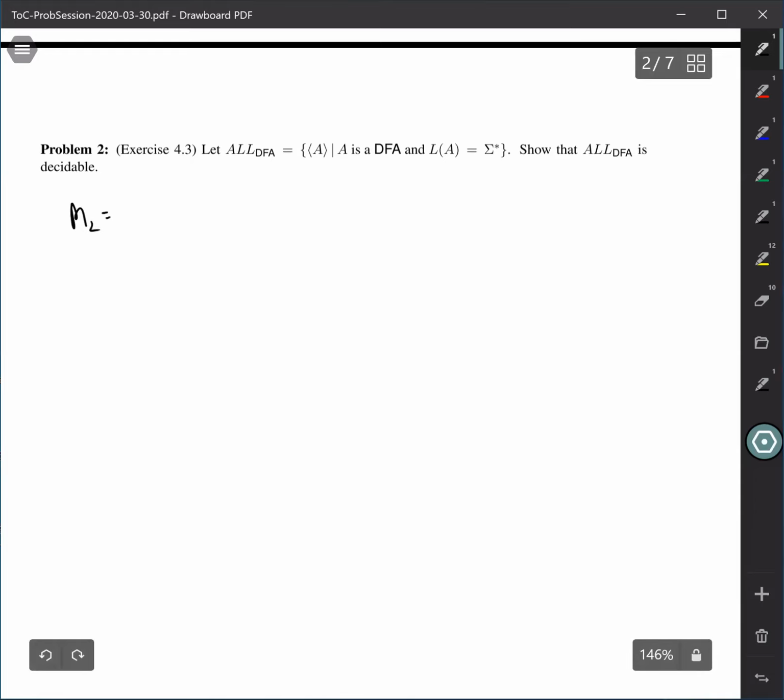We're going to define a machine M2 that we already know what the input looks like, right? So the language definition is given to us here. We don't have to write it out. So on input A, where A is a DFA, so that's how we start.